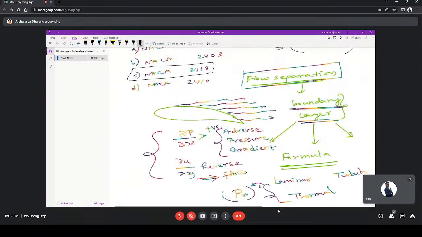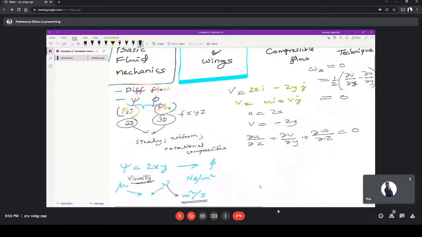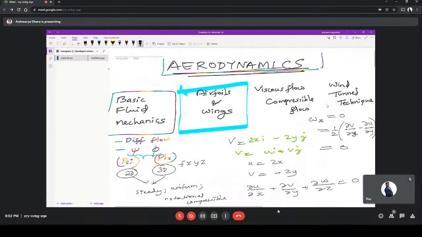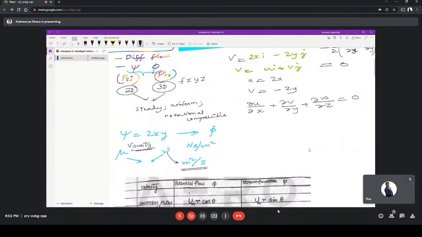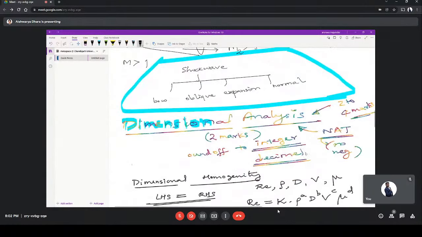Now we have almost covered the different types of wings and airfoils. Now the terms for viscosity and compressibility. This is a very small and very important part, talking about shock waves: oblique shock wave, expansion and normal. These are all shock waves based on the shape.